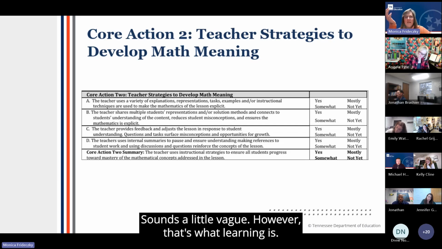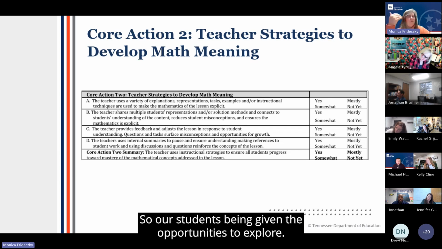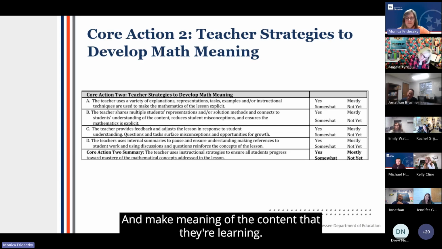Making meaning sounds a little vague. However, that's what learning is. Learning is us just making sense out of whatever it is we're encountering. So our students are being given the opportunities to explore and make meaning of the content that they're learning.